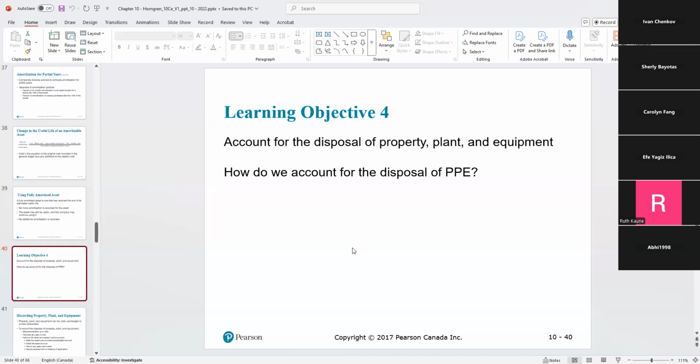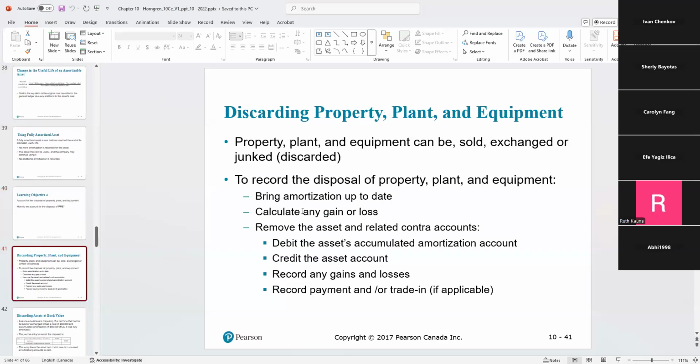Let's see what's going to happen if you decide to dispose of this asset. Well, you have a few options here. The first option is to stop using it. In order to record the disposal of the property, there are some rules.